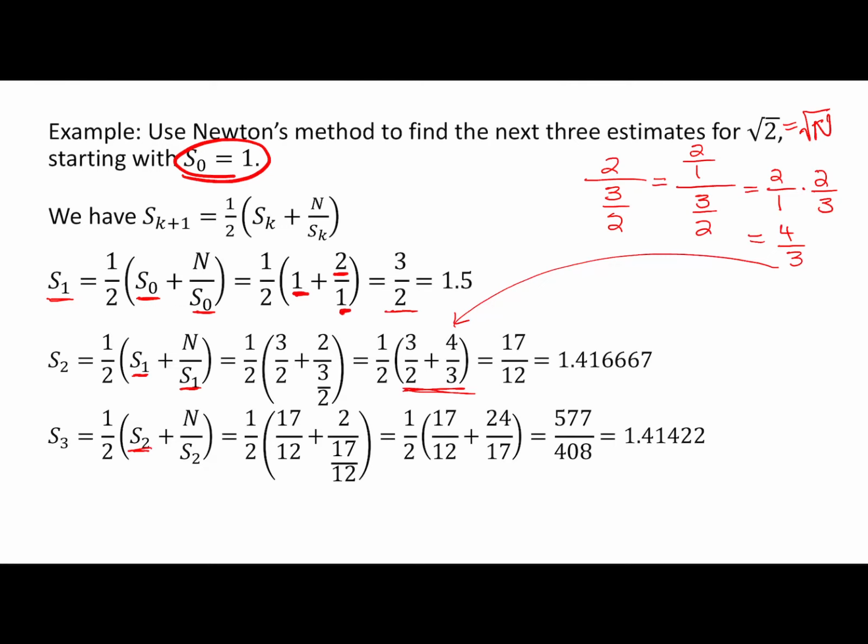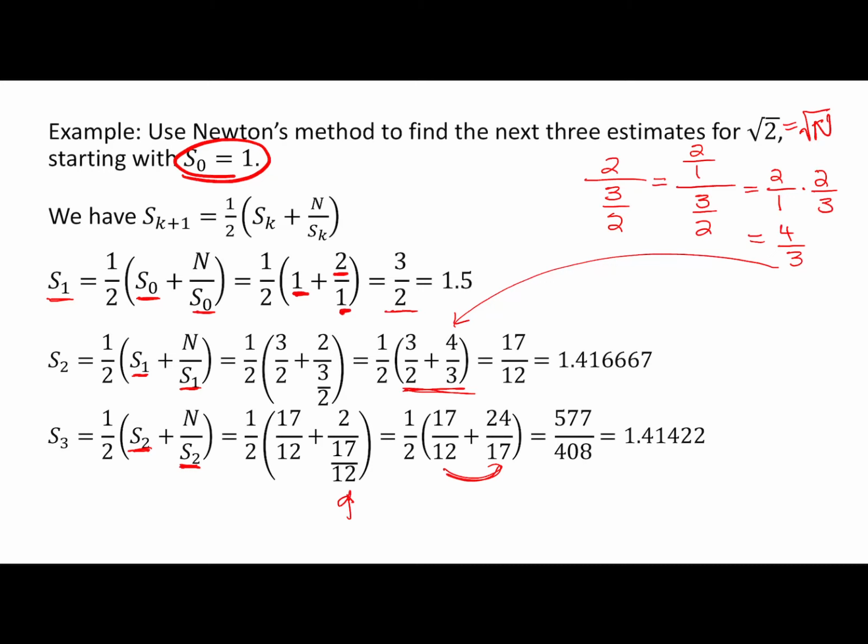So now I'm going to plug in S2 in each of these spots in my formula. Again, to simplify this fraction here, you're going to multiply by the reciprocal of the denominator, and then you've got to get a common denominator to add these two fractions. What I get is 577 over 408, which when I enter into my calculator gives me 1.414.